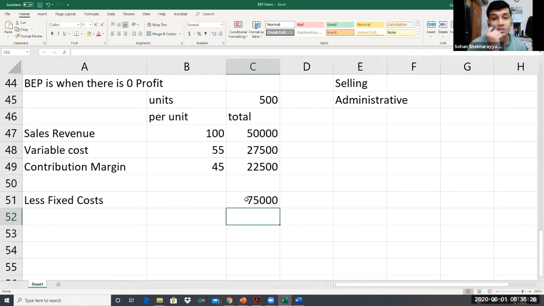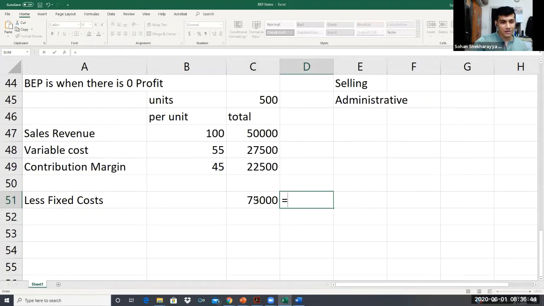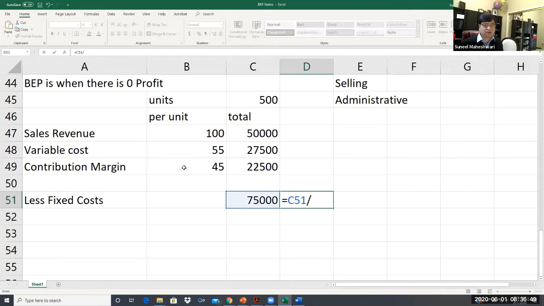150 units? So just to cover the fixed cost. So how do you get that? I just divide 75,000 by 500? No. Anyone else? How many units do you need to sell to cover your fixed costs?